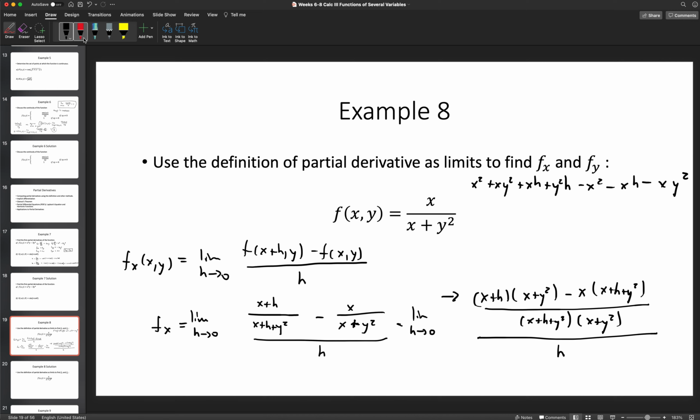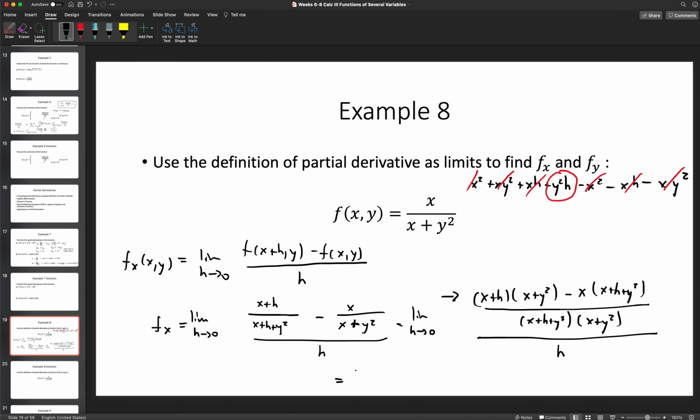I'm sorry, there was a little typo there. So you see you do have some cancellations here. xy squared goes away, x squared goes away, xh goes away. So really you're only left with y squared h in the numerator. So it's a very big simplification. And then when you divide y squared h by h, because h is non-zero, you just get plainly y squared in the numerator.